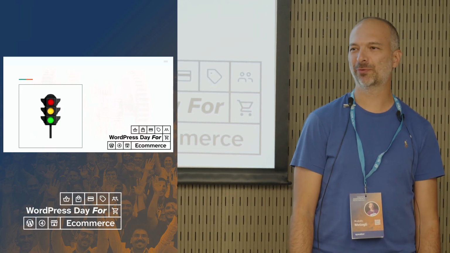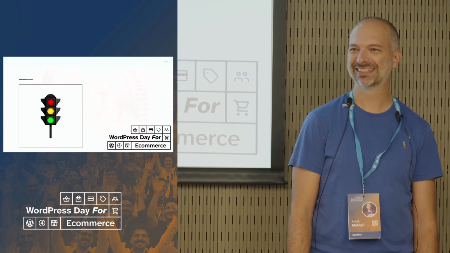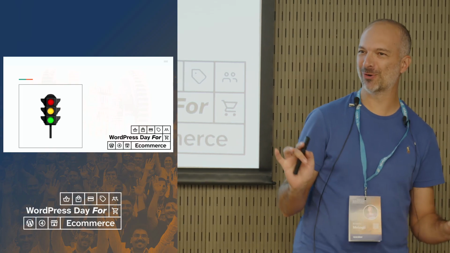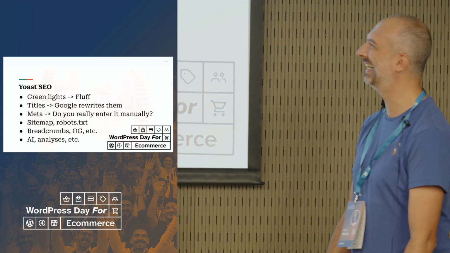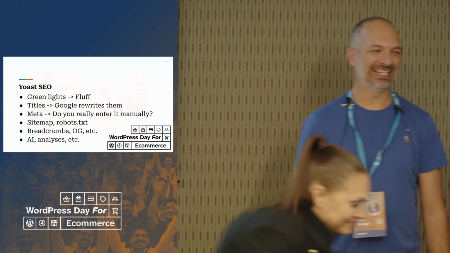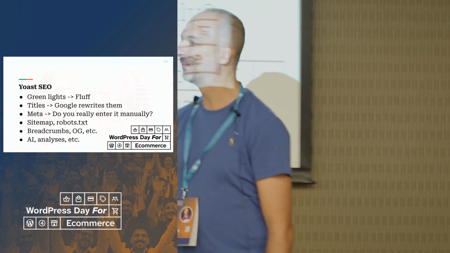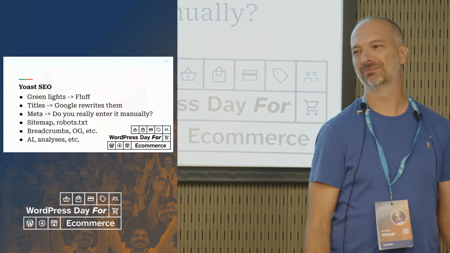Is there anyone from this plugin here? You know what that is? No one from Yoast here? Okay. The green and the yellow and the red lights. Fluff. Titles. Then Google rewrites them the way it wants.